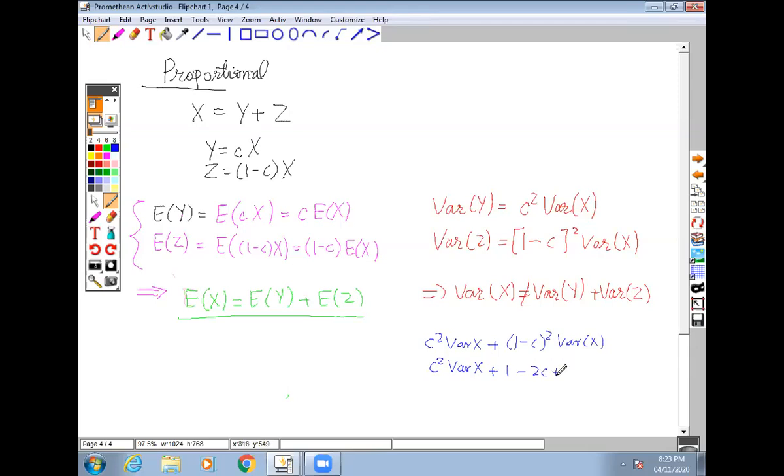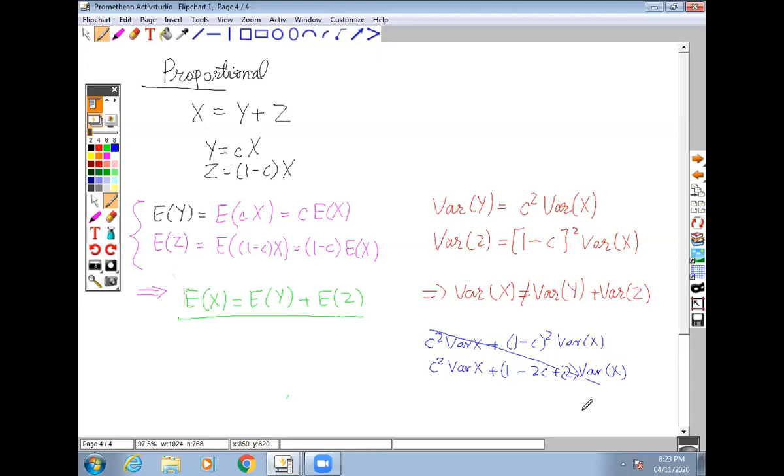So 2c plus c square it will be, times variance of x. So nothing's going to cancel basically. So that is mathematically why the variances aren't equal.